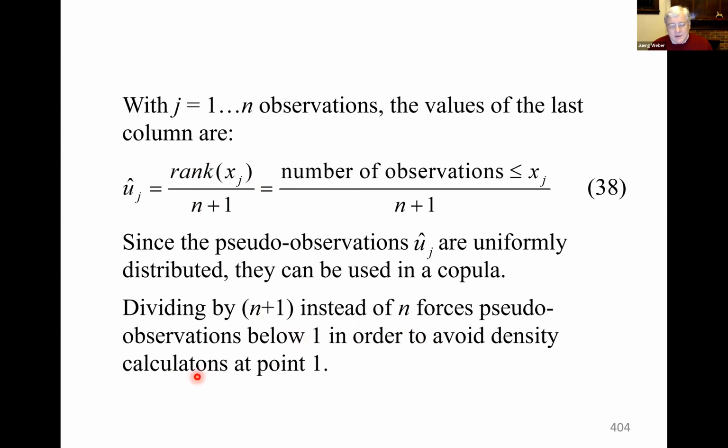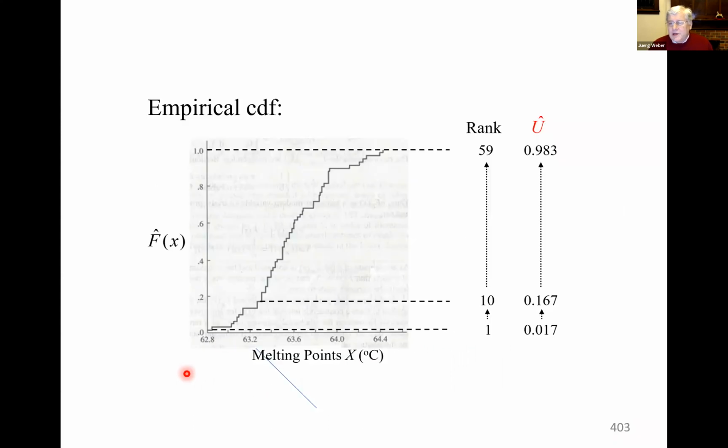This would actually become a problem when we do the density calculations. So basically, you divide by n, but actually we take n plus 1. So we divide by 60, not 59, and we get here a little bit less than 1. In a standard empirical CDF, you would divide by 59 and then you have here a 1.